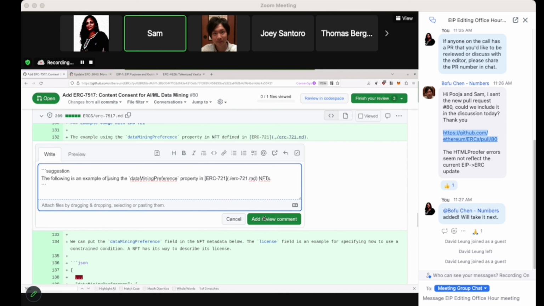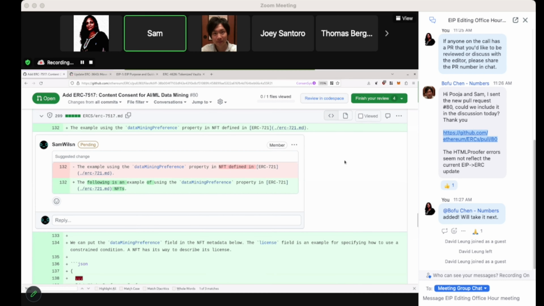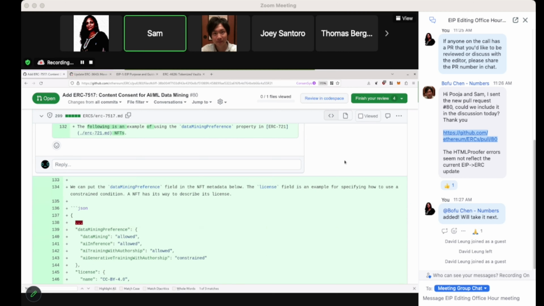Yeah, so I'm just changing that because the way it's originally worded here, it sounds like the property is defined in ERC-721, but it's not. So just trying to make that a little bit more clear. We can put the data mining preference field in the NFT metadata below. The license field is an example for specifying how to use a constrained condition. An NFT has its way to describe its license.